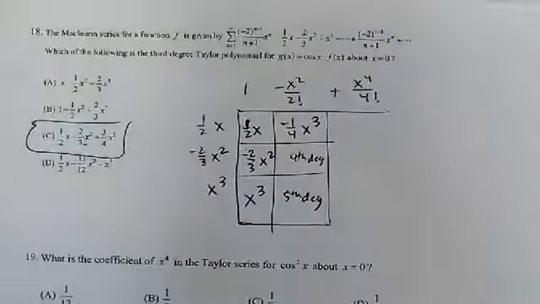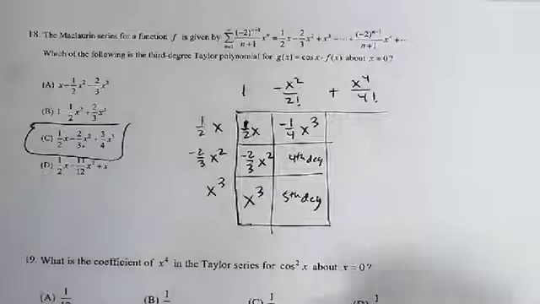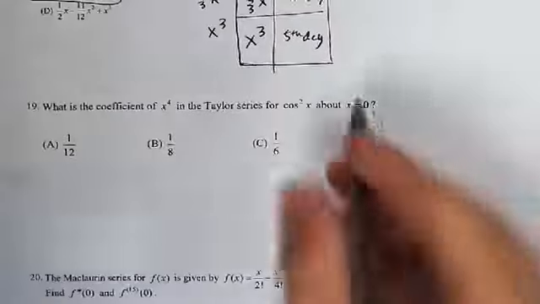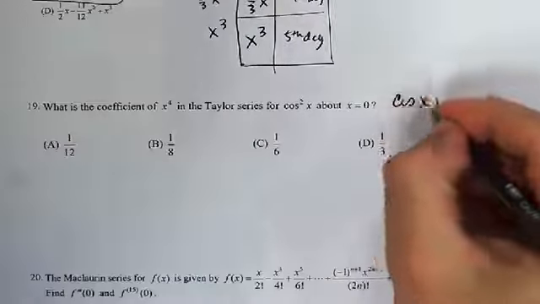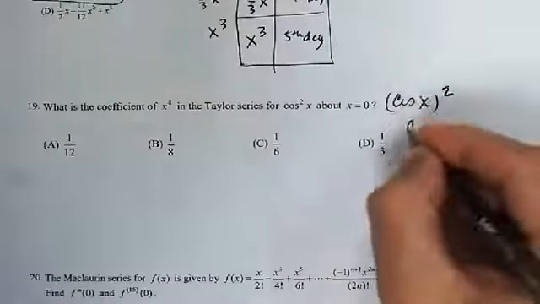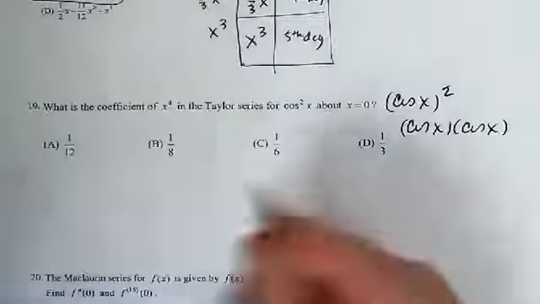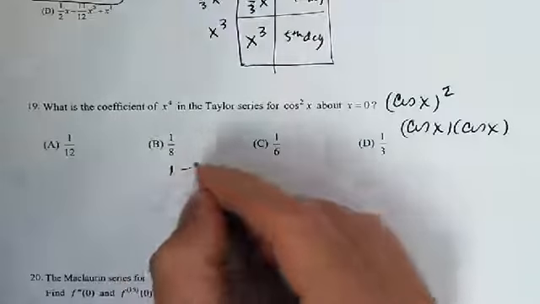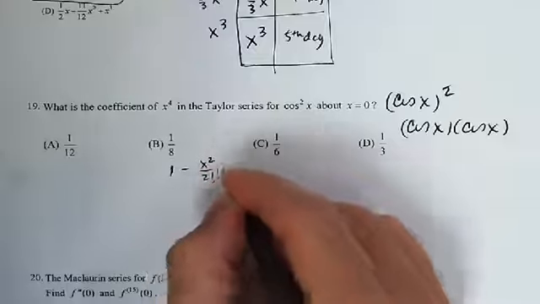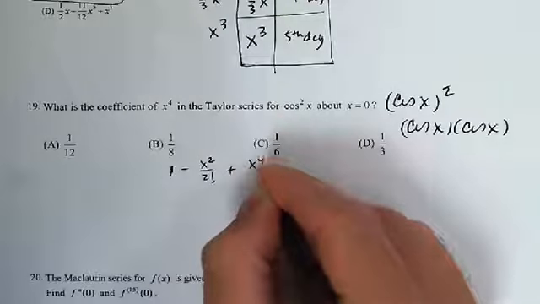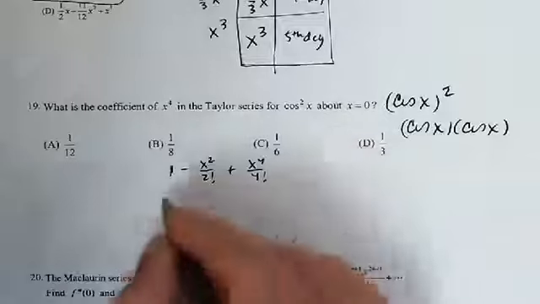Okay. And then what is the coefficient of x to the 4 in the Taylor series for cosine squared x? Okay, cosine squared x is cosine of x squared, which we could say is cosine x times cosine x, which is going to be 1 minus x squared over 2 factorial plus x to the 4 over 4 factorial times itself.